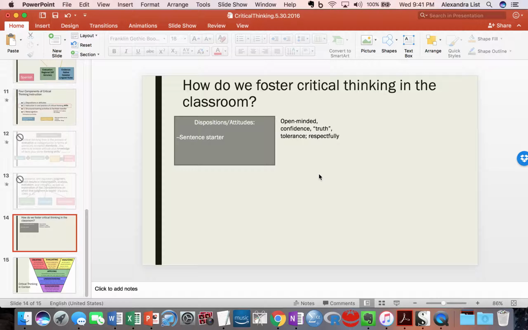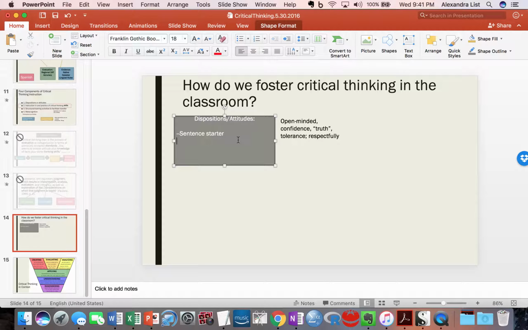So when you disagree, here's how I would like you to say it: I appreciate your comment, but I disagree because. Or giving them another sentence starter that asks them to restate what someone says to them: I see your point that blah, blah, blah, but I think you should consider blah, blah, blah. So giving students templates of conversation for how they could respectfully disagree with one another.